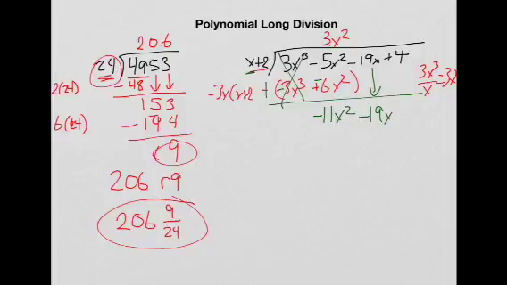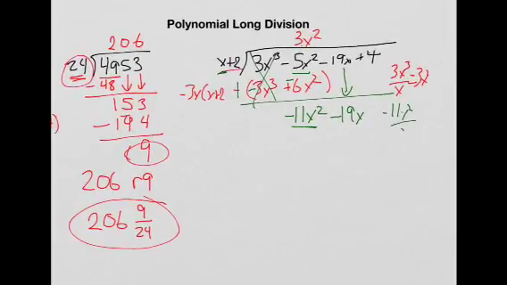I look at x. I look at 11x squared. So I do my negative 11x squared divided by x is going to be a negative 11x. So I'll put that over here. Again, I'm going to line that up on top of my x terms.